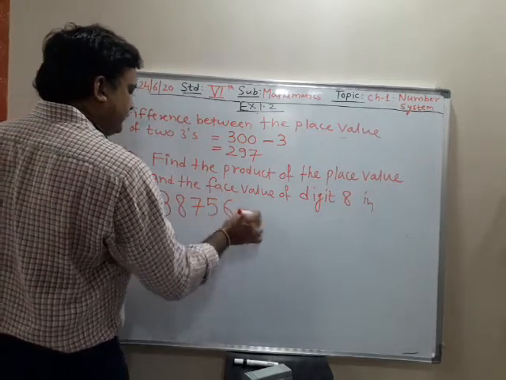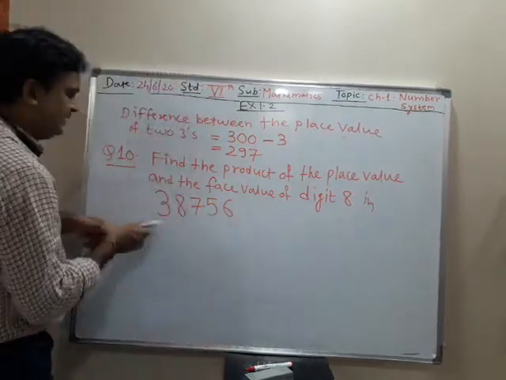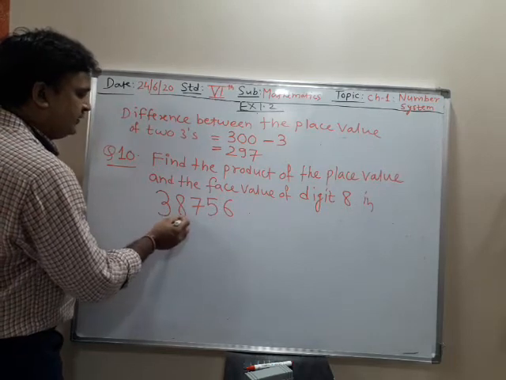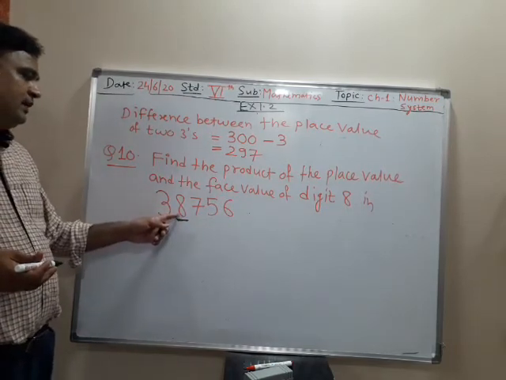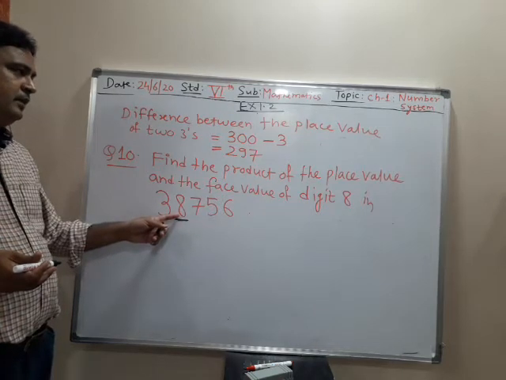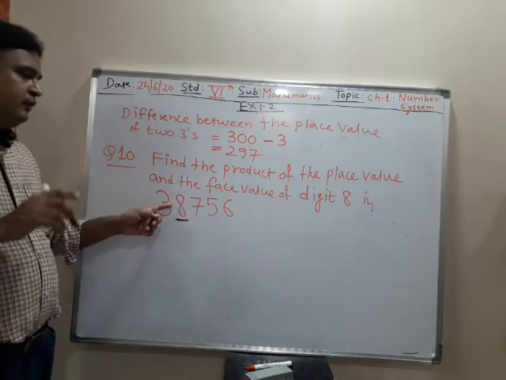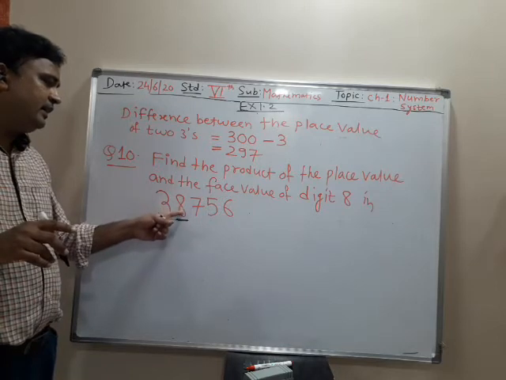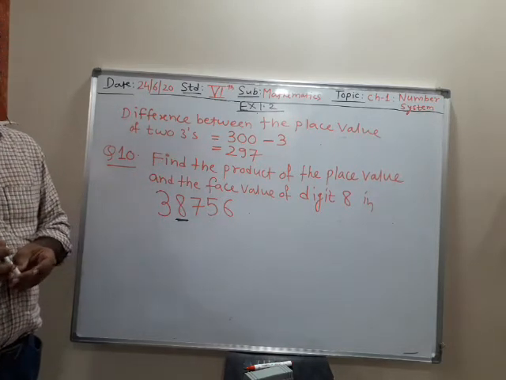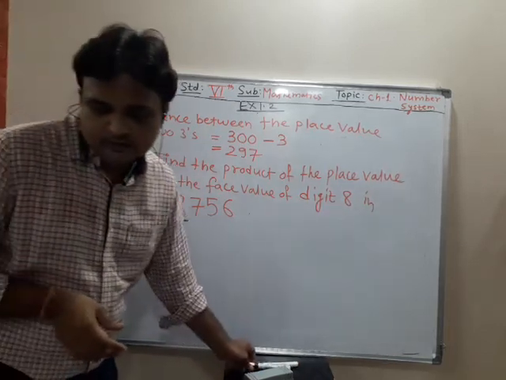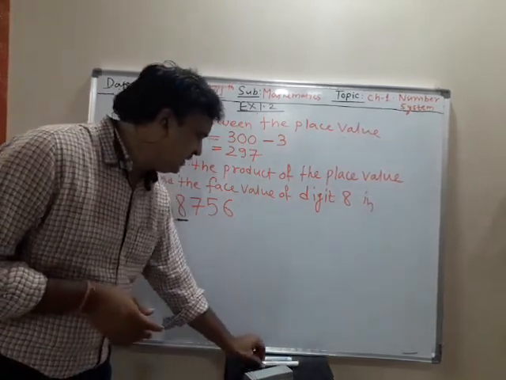This is the number and this is the digit 8. So you have to find first the place value of digit 8, and then you have to find the face value of digit 8, and then you have to multiply them, face value into place value. Is it clear? Product means multiplication.